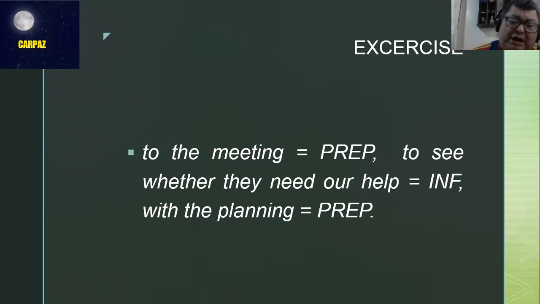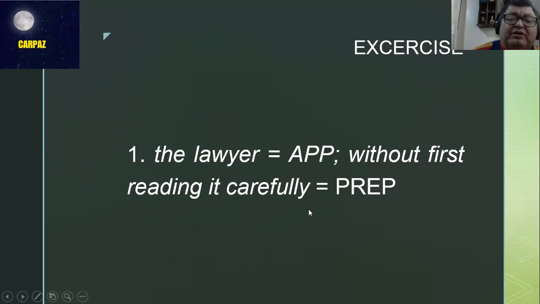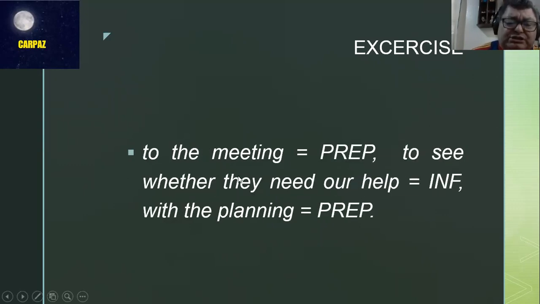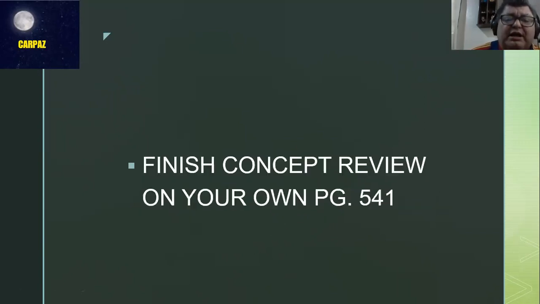You write number 1, and you write the answers. Here are the answers already. Then you write number 2, and you write the answers. Here are the answers already. Then you write number 3, and so on and so forth. So finish the concept review on your own on page 541.